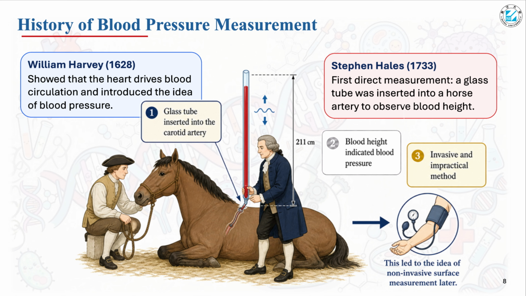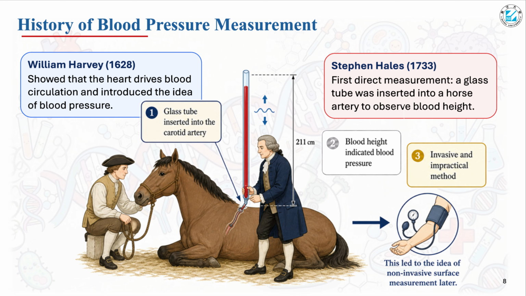The concept and the measurement of blood pressure developed gradually over several centuries. In 1628, William Harvey showed that the heart drives blood circulation. This was an important step in understanding how blood moves through the body.